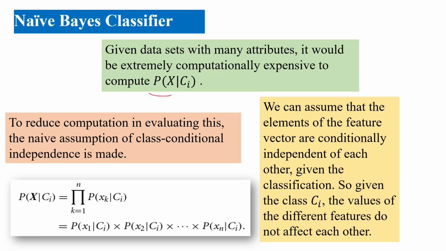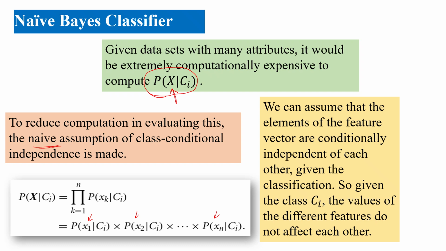But what we see is we want to compute from the data P(X given Ci). This X is a feature vector having many components, like x1, x2, and so on. So to reduce this computation, to evaluate this, we have this naive assumption. This is the naive part of the naive Bayes.